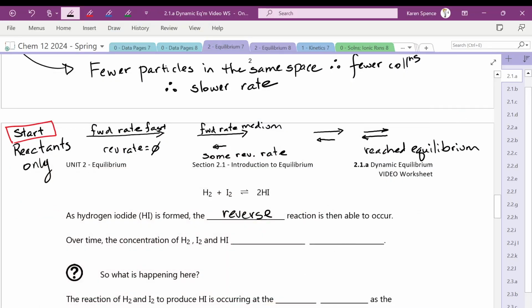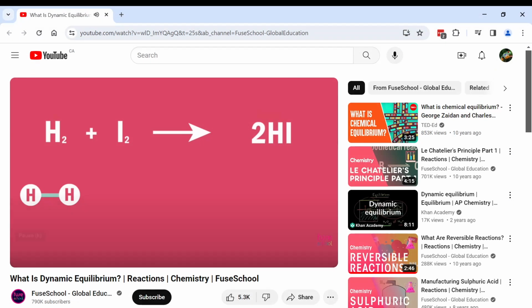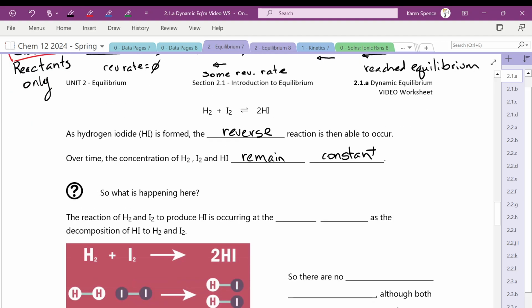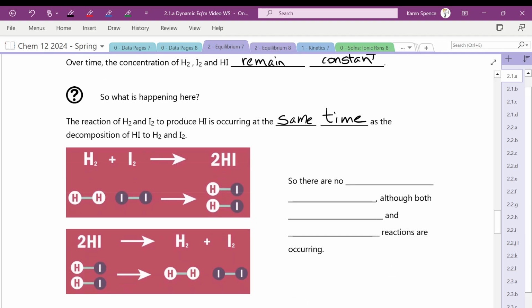Remain constant. So what is happening here? They remain constant. So what is happening here? The reaction of H2 and I2 to produce HI is occurring at the same time as the decomposition of HI.